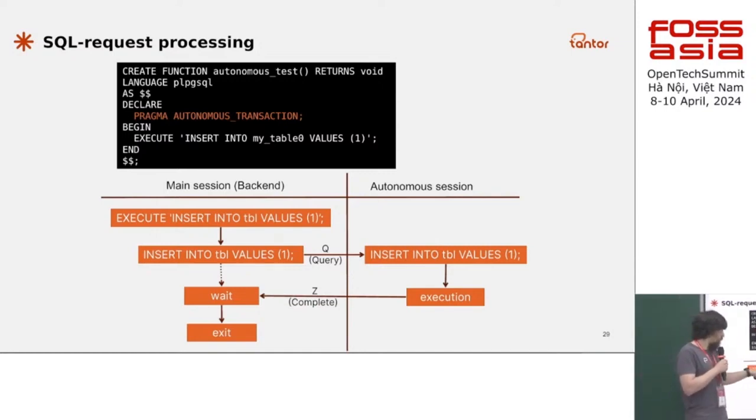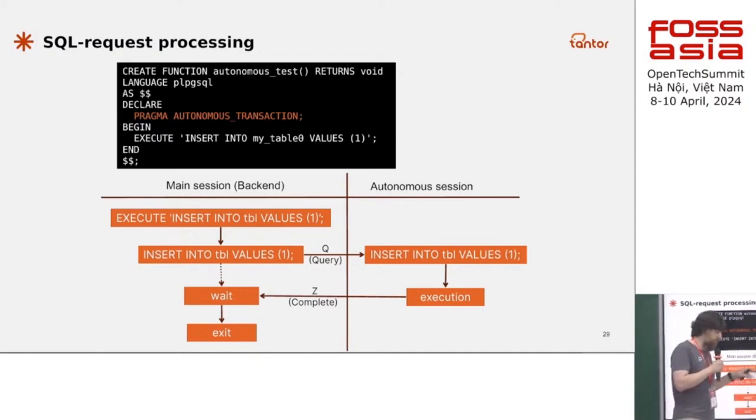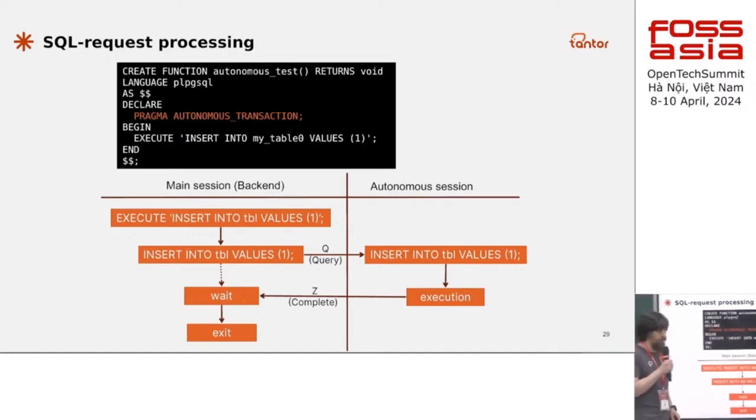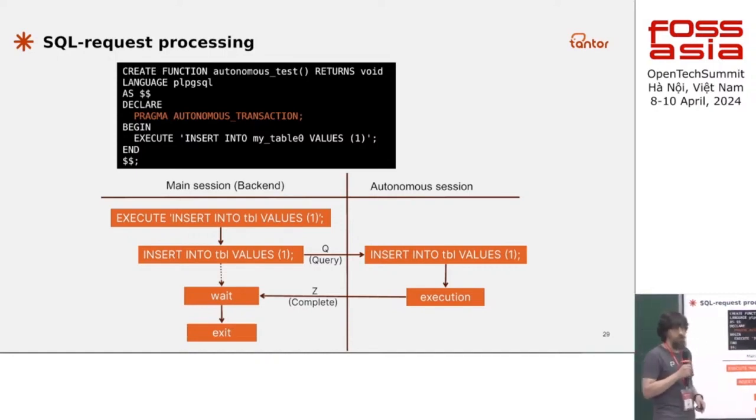The insert command is extracted. This command is sent to the autonomous session. It was executed there, and then the command returns, which means complete, and the main session continues its execution.